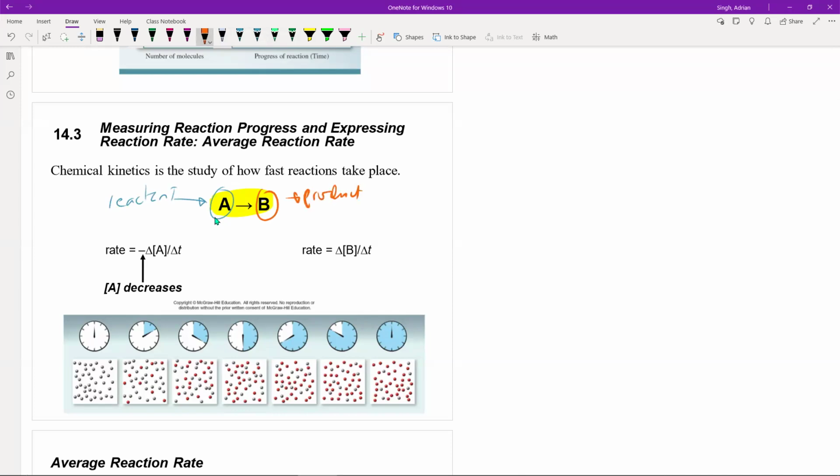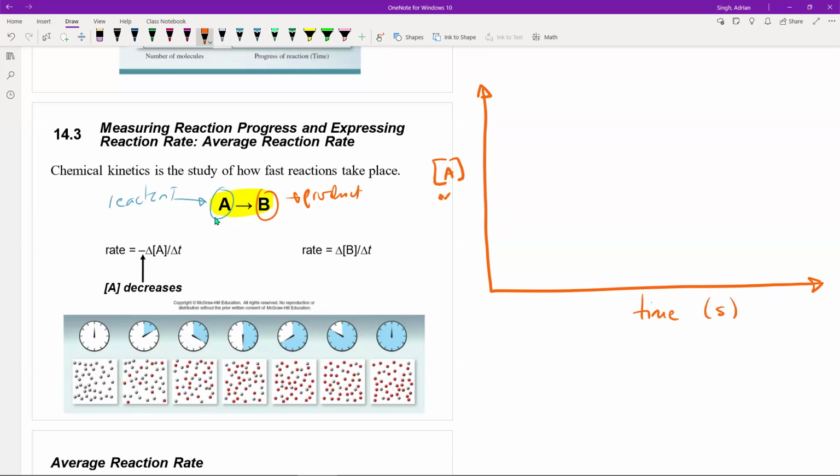If I were to plot the concentration or the amount of A and B over the course of time, we can see something very interesting. So if I plot time, let's say seconds, on the x-axis, and concentration of A or B on the y-axis.